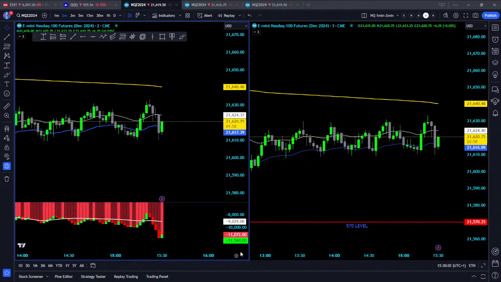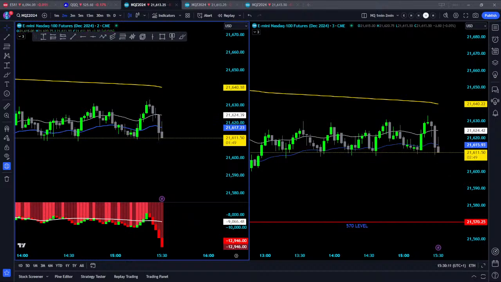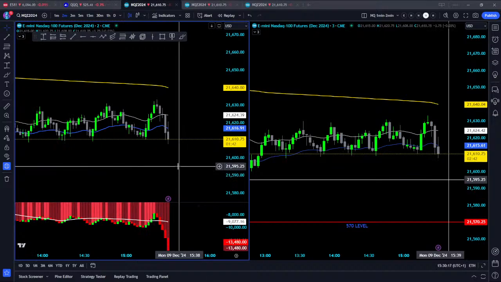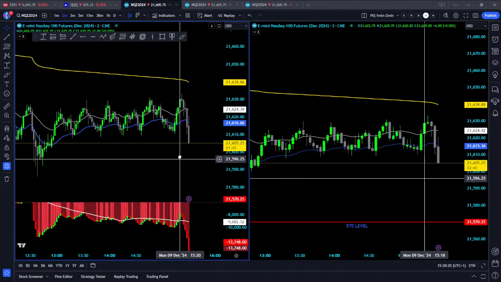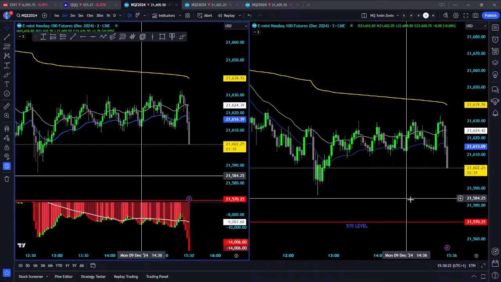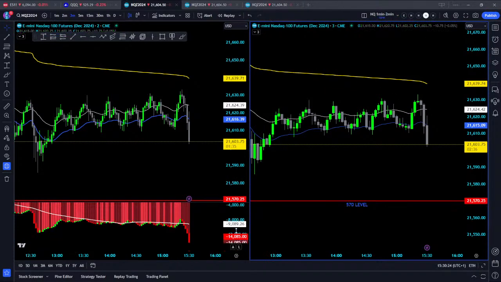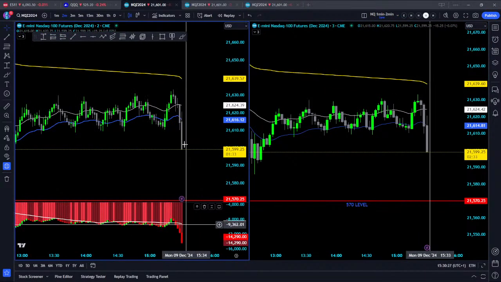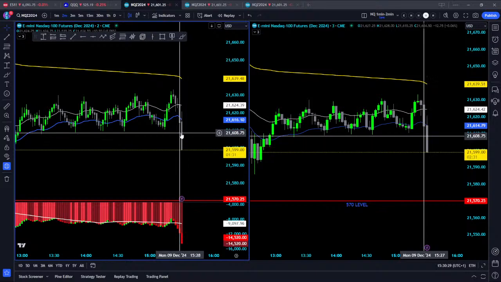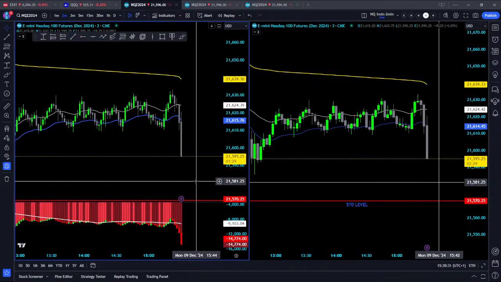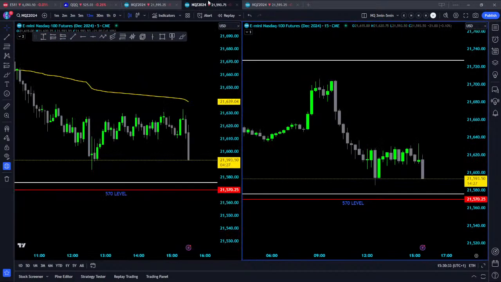There we go, markets are open, guys. We lurk 615s there. There's a 608. There's the dump. Delta is dumping pretty much. There it is. There's the dump.